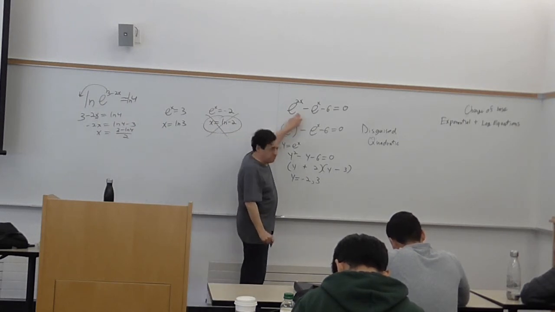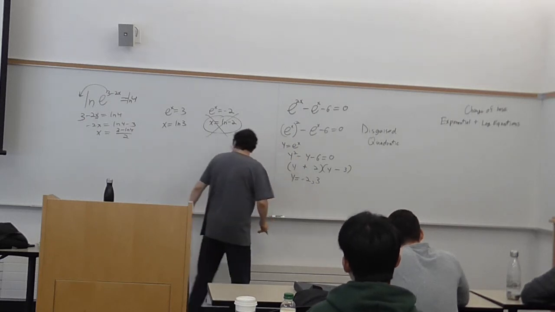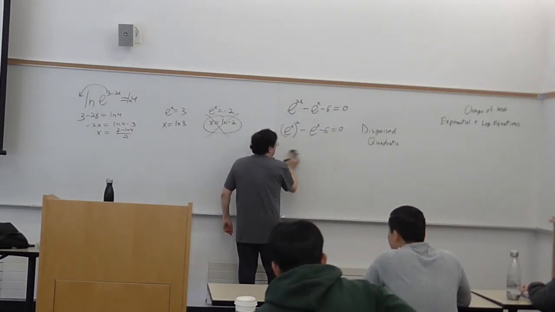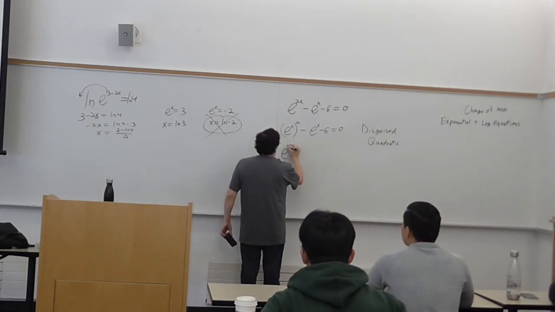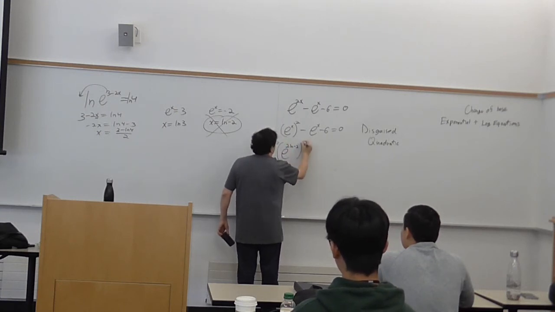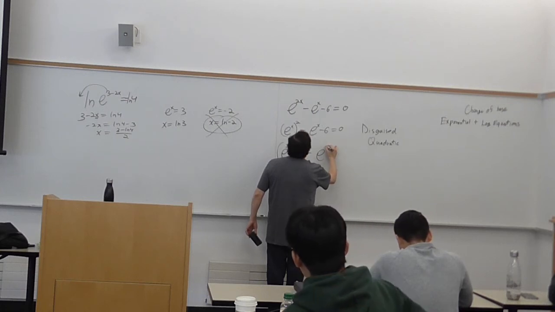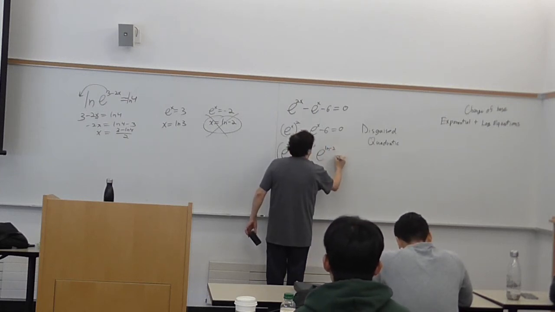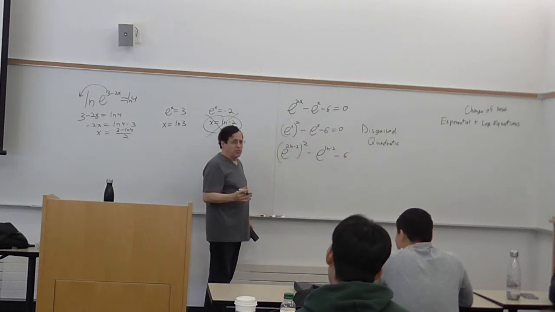You could even plug it back in. You could say e to the 2 times the log of negative 2, squared minus e to the log of negative 2 minus 6. And you might do something screwball here.